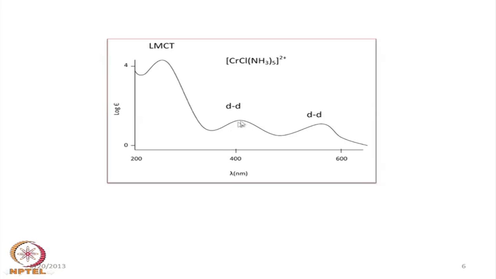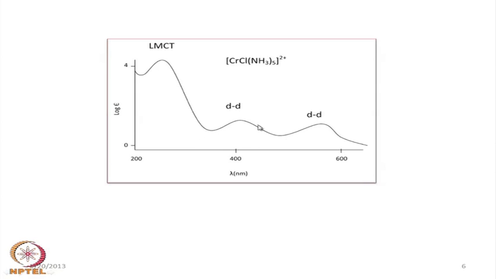We will find that the third transition is under the envelope of the LMCT transition. Since it is in the log epsilon scale, we will find that the corresponding epsilon is in the range of 10 to the power 4 for the charge transfer transitions, which are highly intense compared to these d-d transitions.